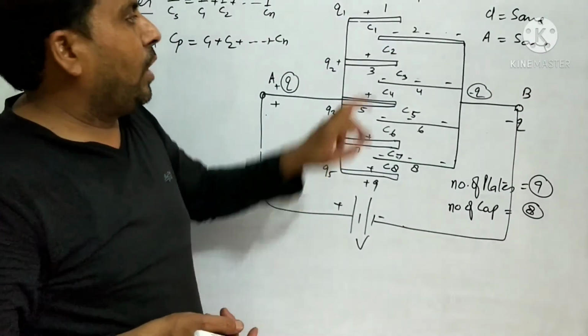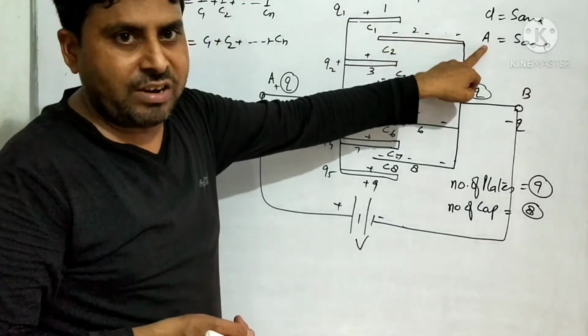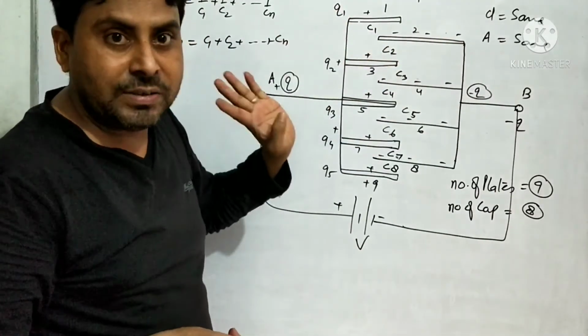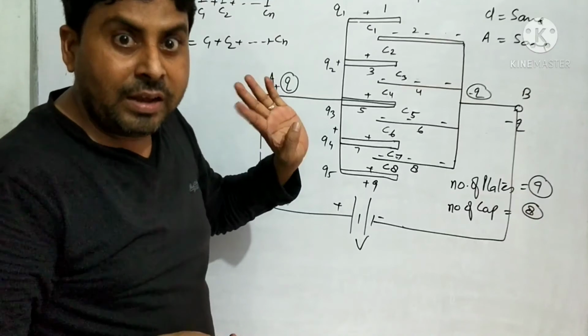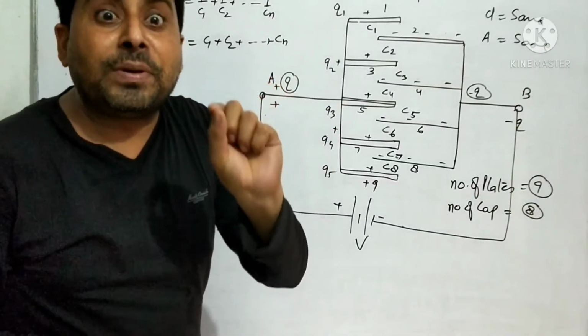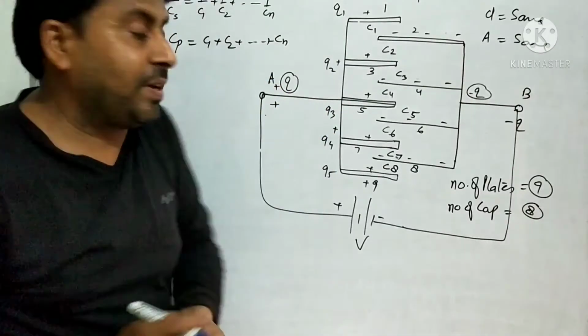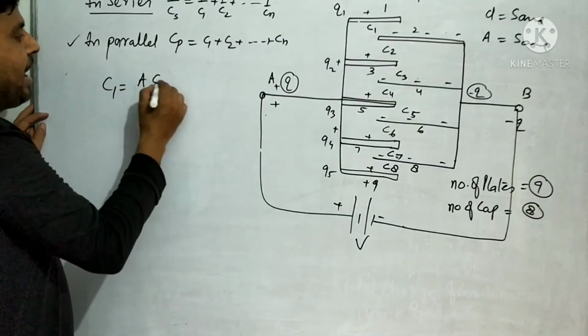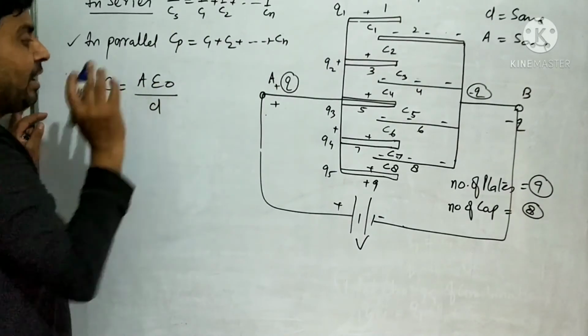Then the capacitance of each capacitor, that is C1, is equal to A epsilon naught over D.